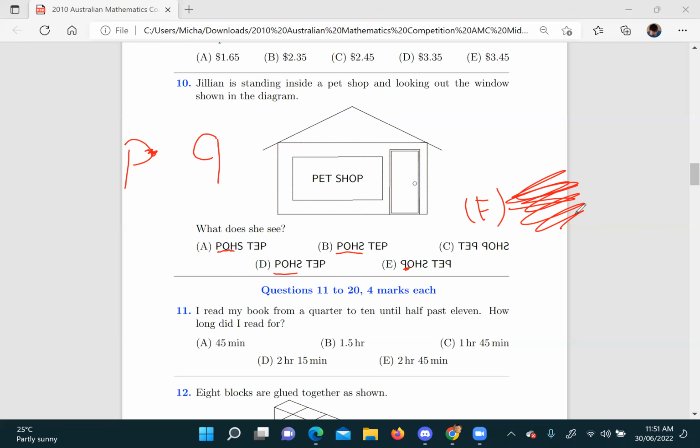It's asking you what it looks like from the inside, so you can just look at what it looks like from the back of the paper. This is called direct experiment. You can draw it on your paper and then look at it from this side, and this one looks the same as that one. You can actually just do this in the exam and look at the back.